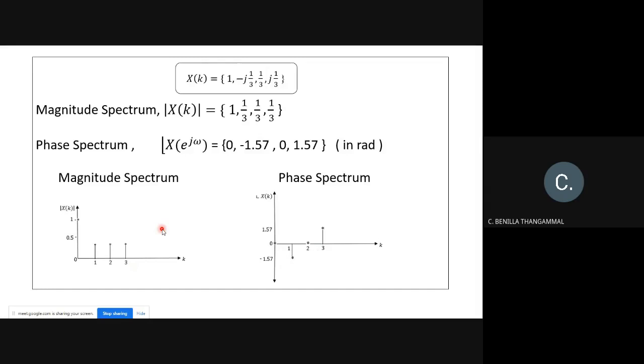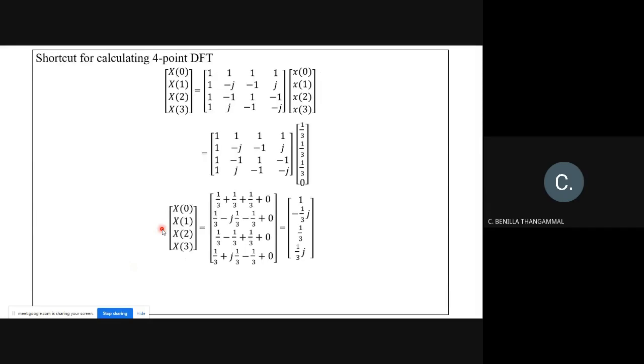Okay, so since they might ask it in 8 marks, it's better to verify your answers. To verify your answers, I'll be telling you the shortcut method for calculating your 4-point DFT. So in matrix method, I can calculate the 4-point DFT. So your DFT of the signal is equal to this 4 cross 4 matrix, which is common for all.